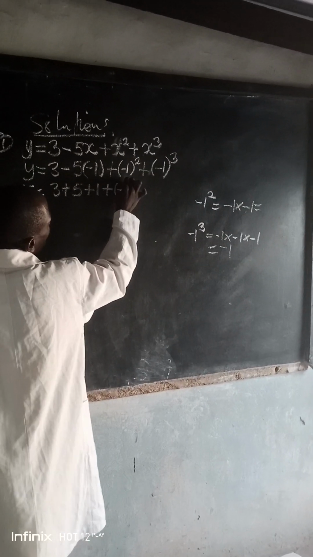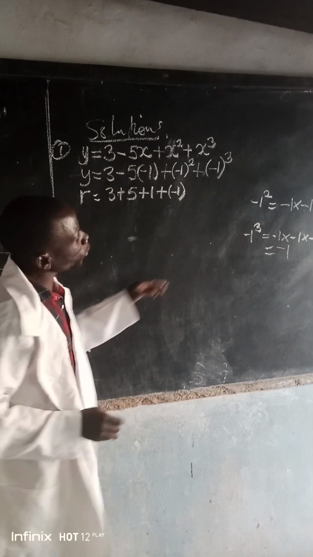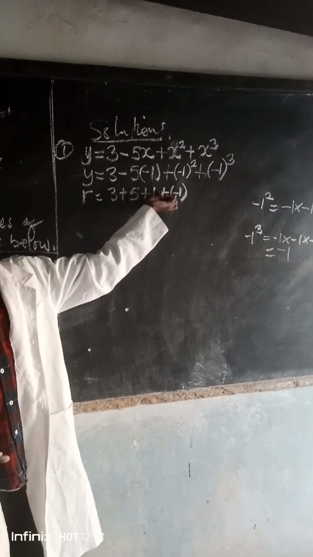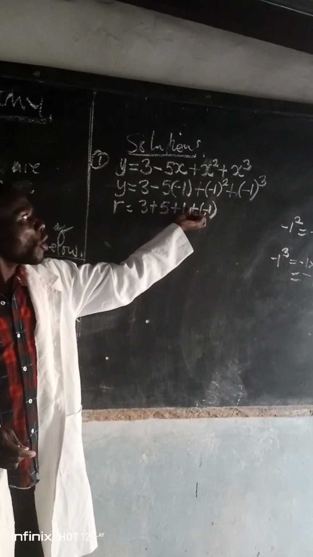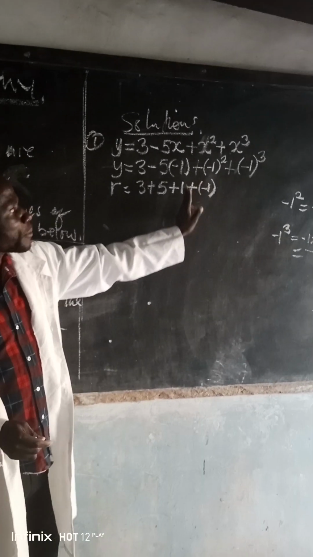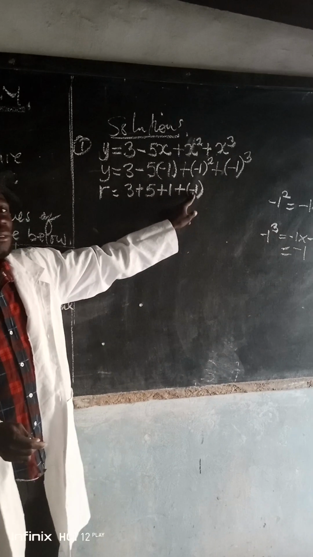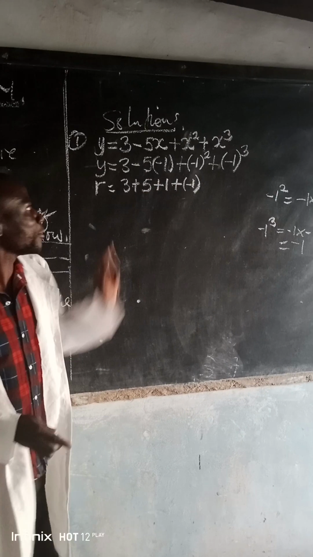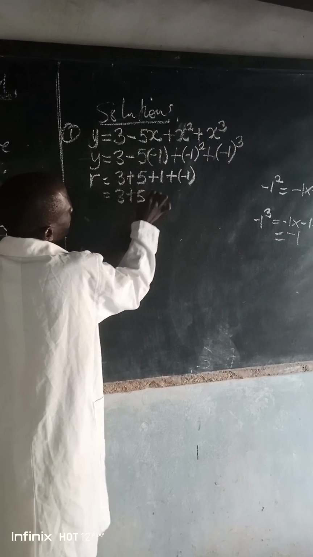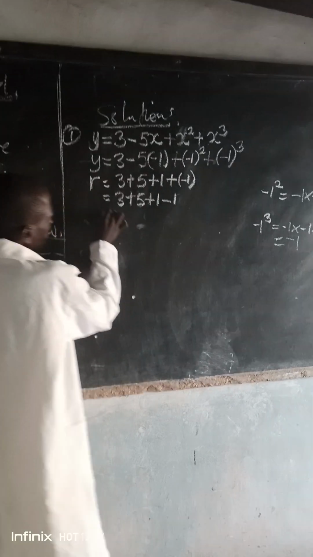Like we have already done, when there are two different signs, the negative dominates the positive sign: positive times negative gives negative. So we have 3 plus 5 plus 1 minus 1.